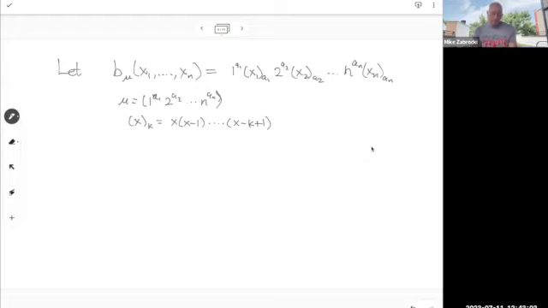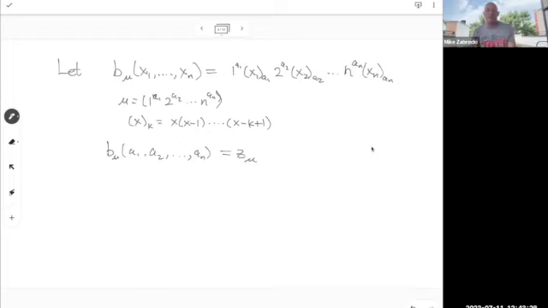Then if you were to evaluate b_mu at (a1, a2, ..., an), clearly b_mu(a1, a2, ..., an) is equal to z_mu. Right?